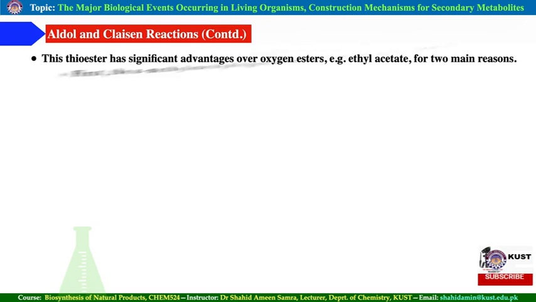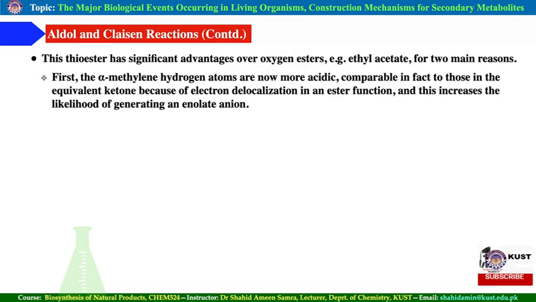There are 2 reasons. The first reason is that alpha methylene hydrogen atoms are more acidic, comparable in fact to those in the equivalent ketone, because of electron delocalization in an ester group because of the oxygen atom, and this increases the likelihood of generating an enolate anion.